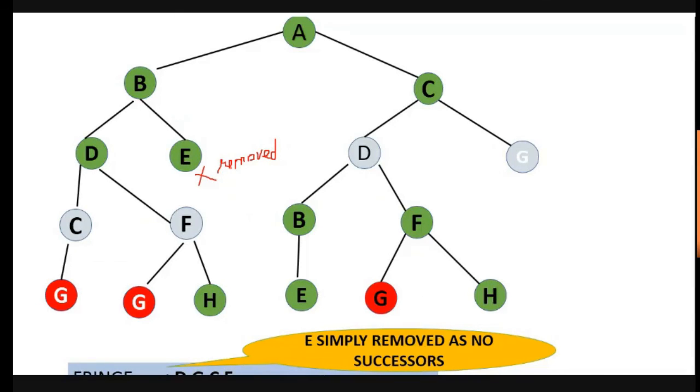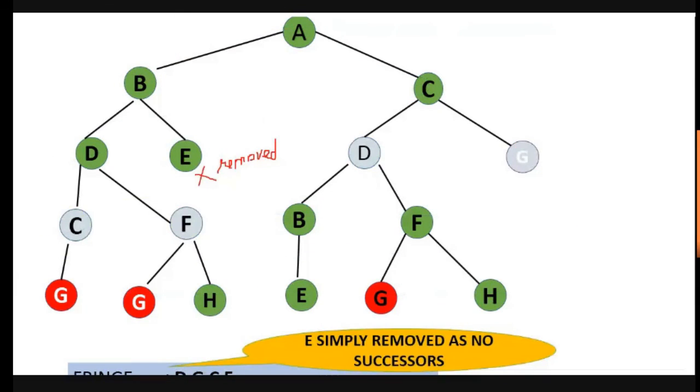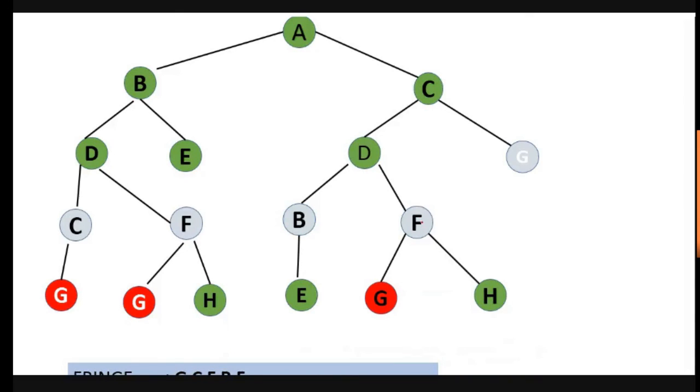Who is coming in the beginning now? You can see there was D, G, C, F. So D will come now, and it will be replaced by B and F, with the shades shown here, at the end.